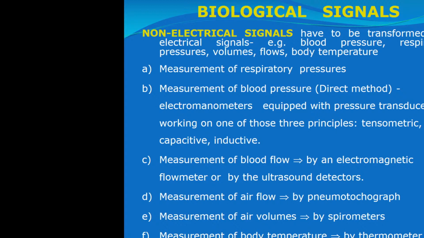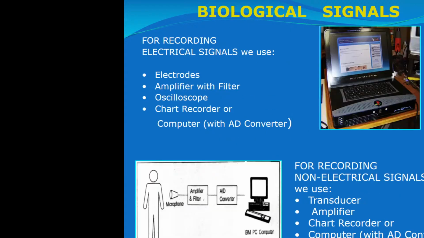Measurement of airflow by pneumotachograph, measurement of air volumes by spirometers, measurement of body temperature by thermometer. All biological signals can be recorded and controlled.